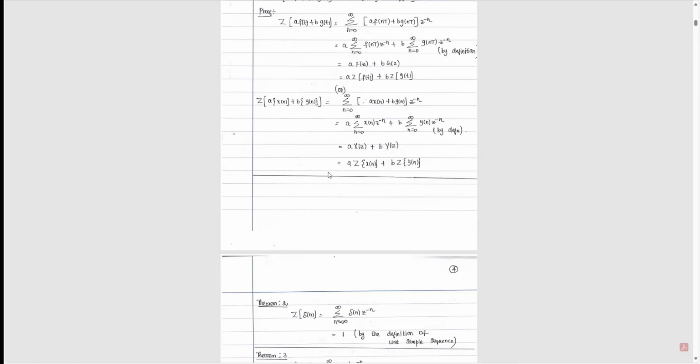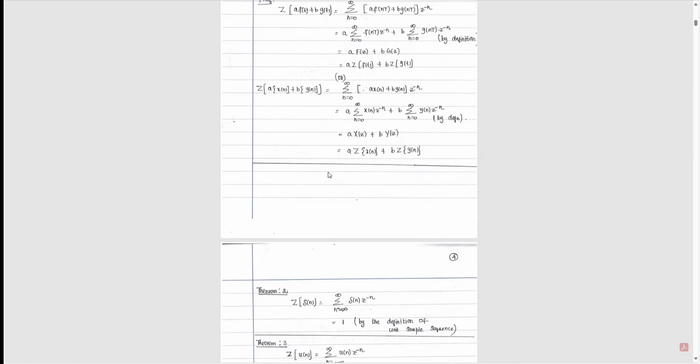As we know, we take only the variable part inside the summation and the coefficient, or constant part, outside, because we can't use the value of n there. A is a constant, and the summation is n equal to 0 to infinity. So A doesn't contain any n, so we are taking A and B outside.